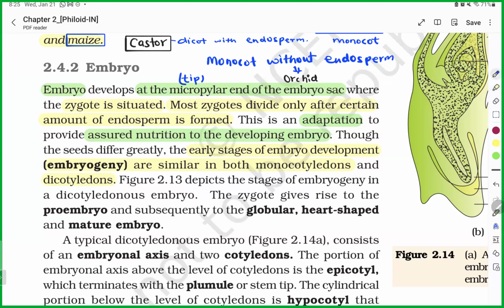Same thing happens here. Embryogeny, the early stage of embryo development, is the same in both monocot and dicot, because the early stage even resembles somewhat the pteridophyte also, just as the human early embryo resembles many others. You must have heard this in evolution. Have you, guys?